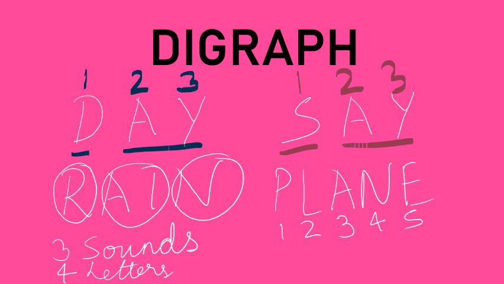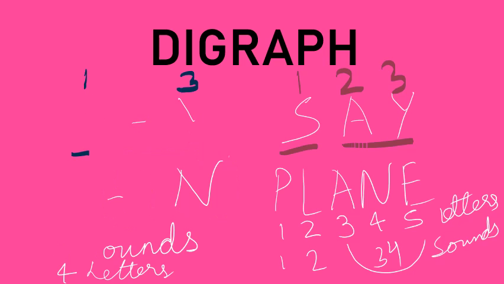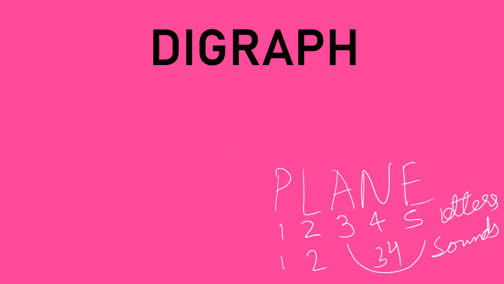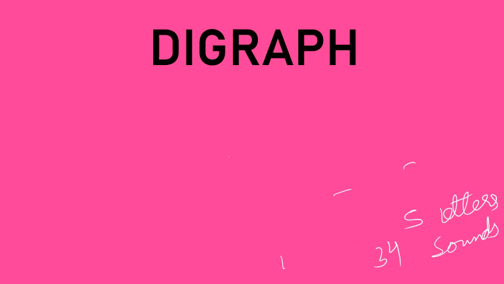But P, L, A, and N. Four sounds. So, I think here you can understand very easily that the sounds which we get by combining two letters, but the resulting sound is only one, such sounds are called digraphs.